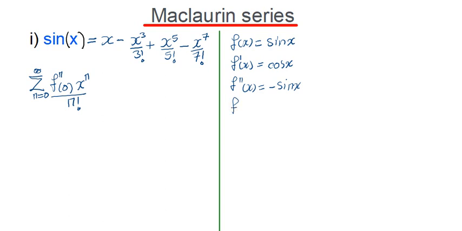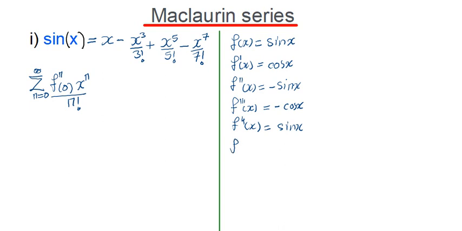Then the third derivative of x is going to be equal to minus cos x. Then the fourth derivative in this case is going to be equal to sine x, simply because the derivative of minus cos is minus sine, and that minus multiplied by that other one gives you a positive.